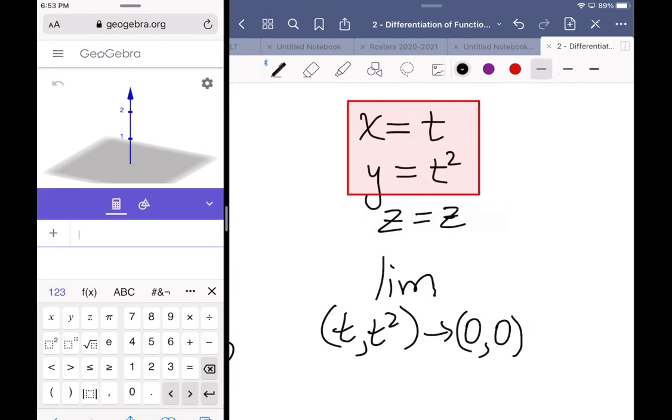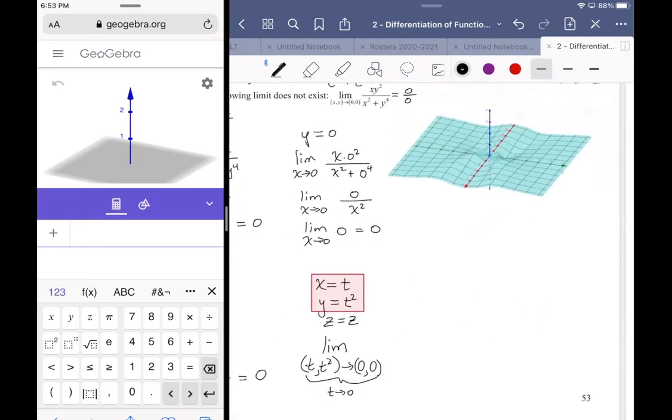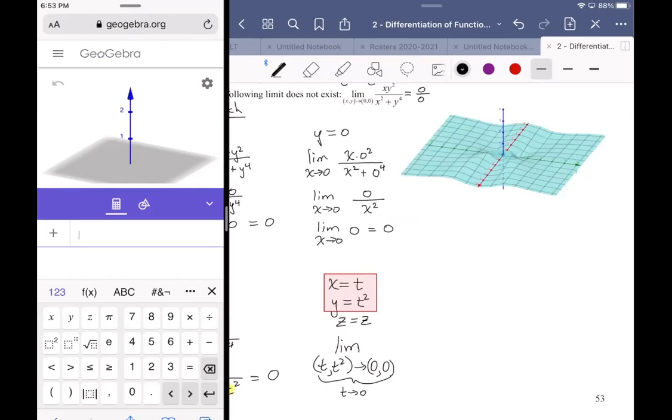That's because if I were to solve t squared equals 0, that means t is equal to 0. So this is all going to streamline itself down to t approaching 0. All right. So I could do my substitution, t going in for x, t squared going in for y.